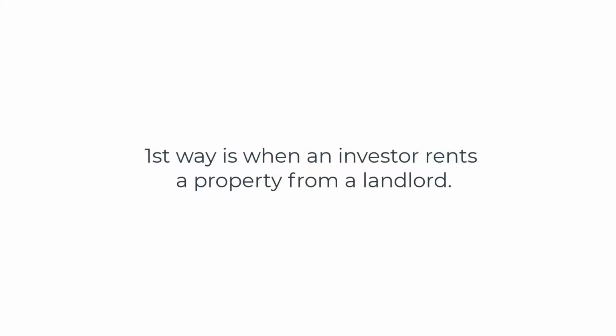There are two basic ways of Airbnb arbitrage, or real estate arbitrage. The first way is the one that I just mentioned at the beginning. It's when an investor rents a property from a landlord, lists it on Airbnb and collects the difference.